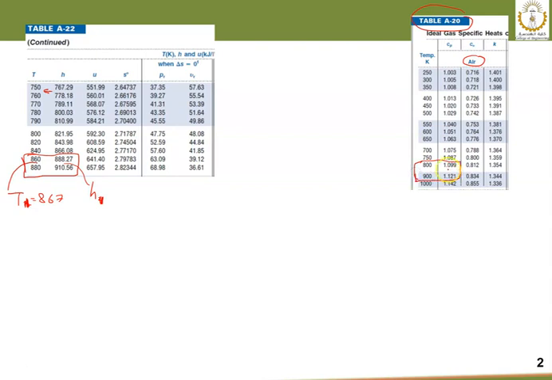Again, we can interpolate, getting Cp between 1.099 and 1.121.